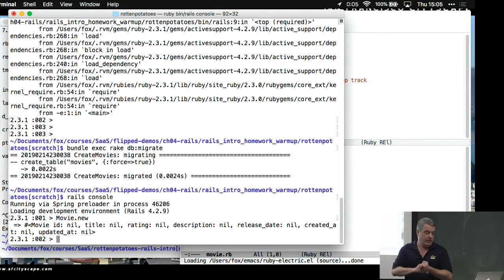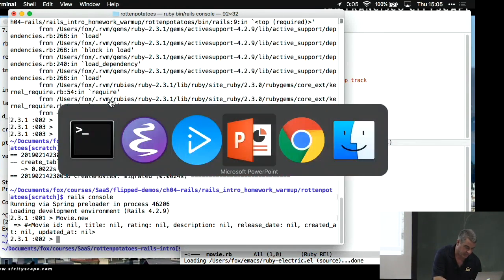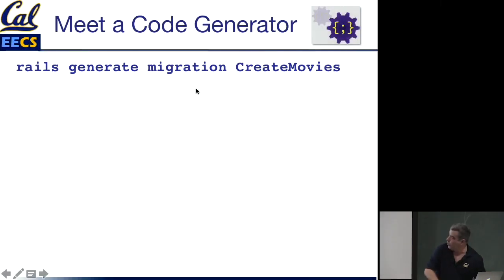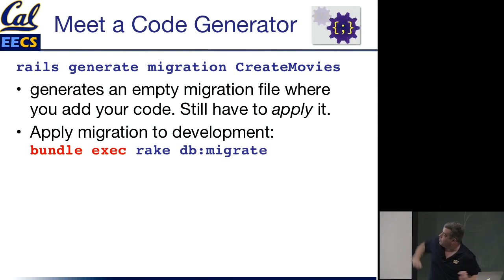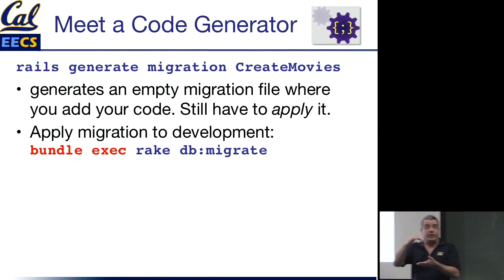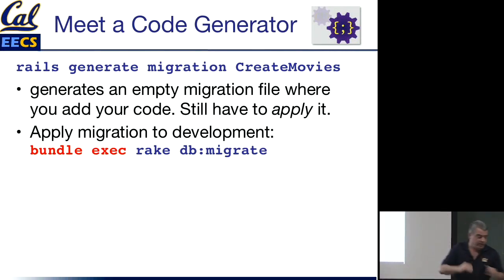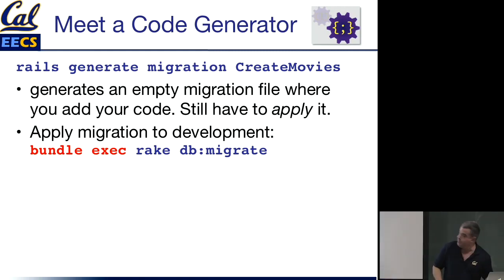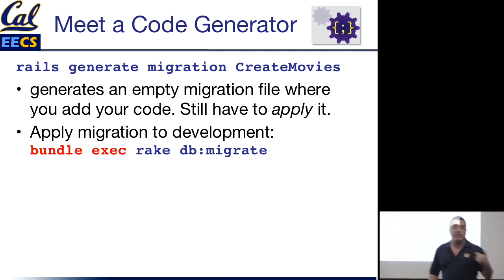OK, so what did I do? I did rails generate migration, which gave me starter code. I filled in some text that actually describes the changes I want to make to the table. I did bundle exec rake db:migrate to apply the migration.